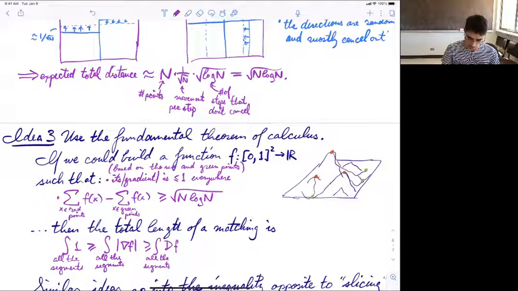And that, by the fundamental theorem of calculus, is greater than or equal to this thing here.